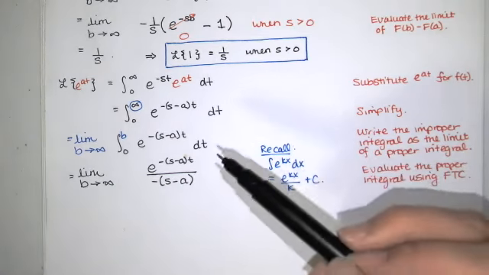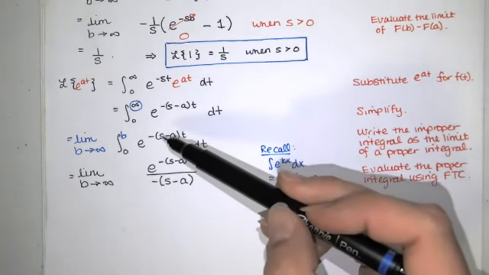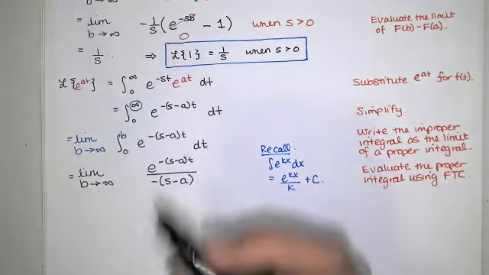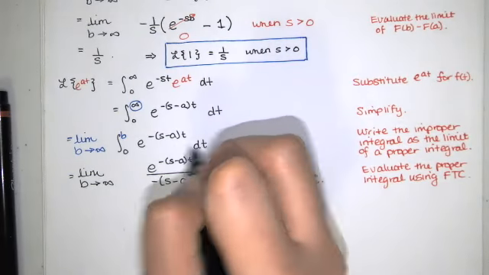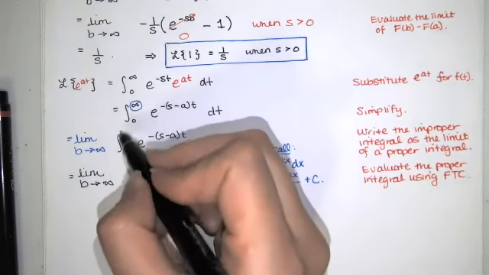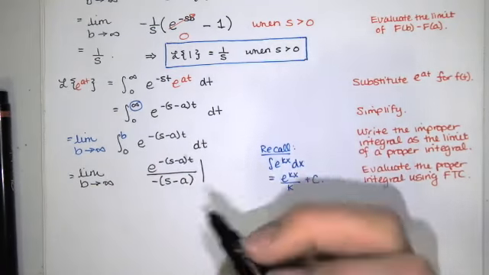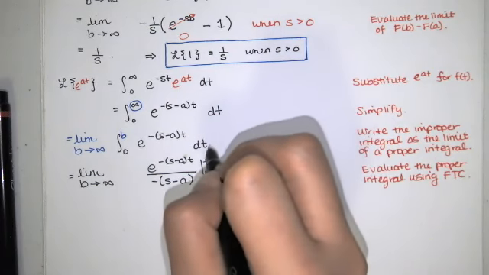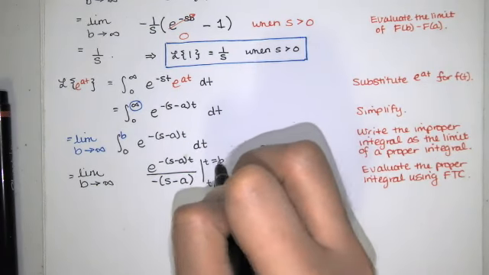That's all I'm doing here. But my k is this negative s minus a. So that's my antiderivative. And then we're evaluating this from t equals 0 to t equals b. Remember, these are bounds for t, not s. They're bounds for whatever that variable of integration is.